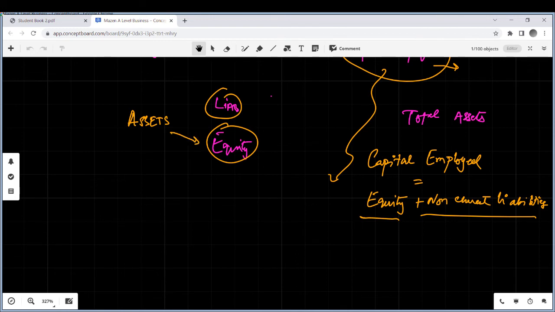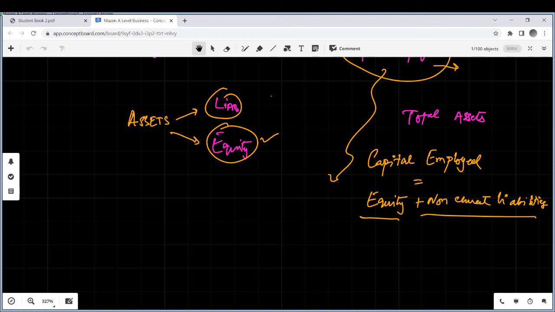So equity is the residual interest of shareholders in the business, the amount of money the shareholders have bought the shares for, and their retained profits in the business. So it's the business's money going into assets.